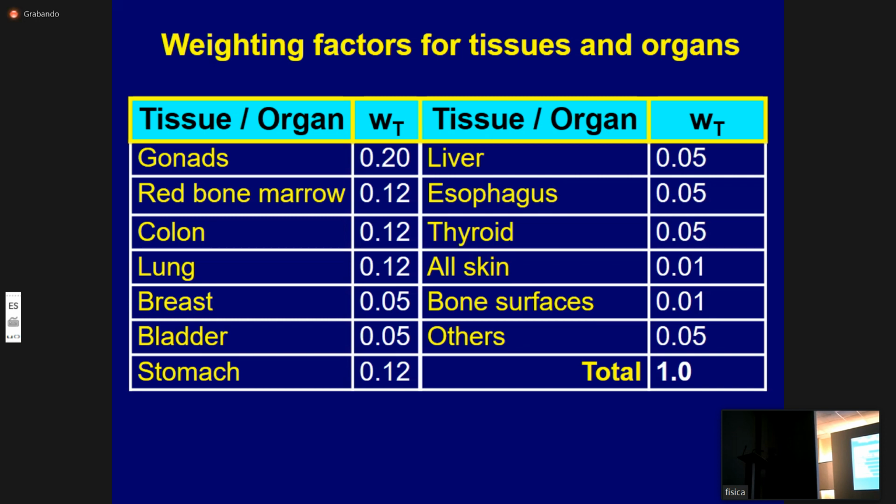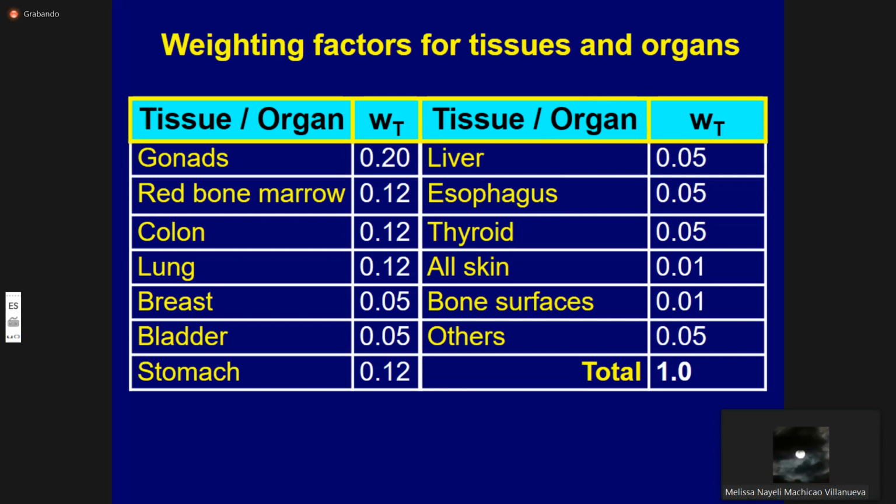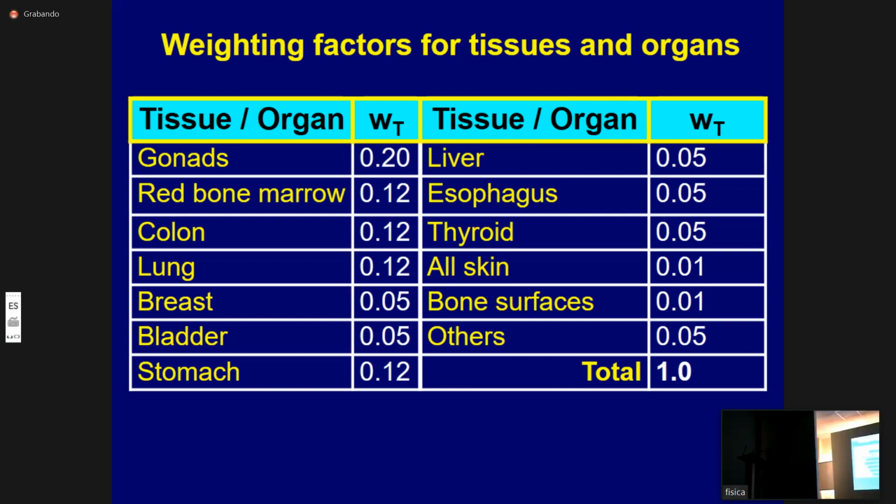First of all, the list of organs and additional organs, the exposure of which should be taken into account when calculating the effective dose, was expanded. The tissue weighting coefficients changed accordingly, and the rule for accounting for exposure to other organs was changed.